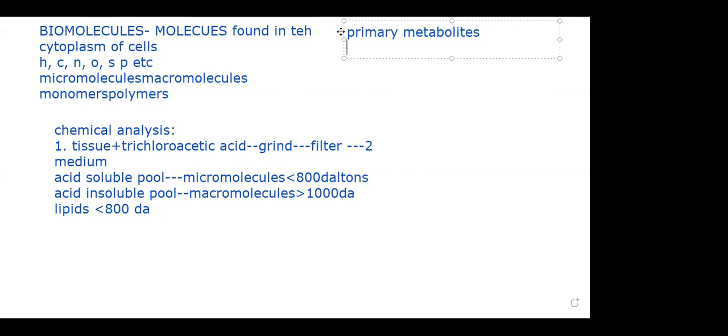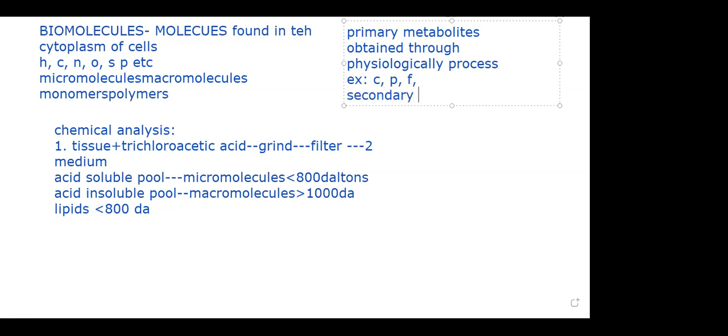The organic compounds obtained through physiological processes are said to be primary metabolites. Carbohydrates, proteins, fats, amino acids and nucleic acids are primary metabolites.